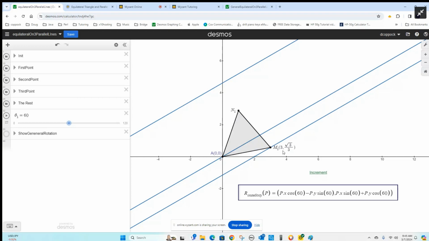If I plug these coordinates into this rotate formula, I get this point N1. And if I join these points, I have an equilateral triangle. If I pick another point on this bottom line and rotate it 60 degrees, I get another equilateral triangle. And I'll do one more. There's yet another equilateral triangle.